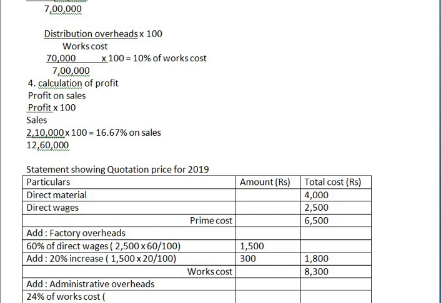Now works cost is 8300 into 24 divided by 100. Okay, now calculate this, 8300 into 24%. 1992.